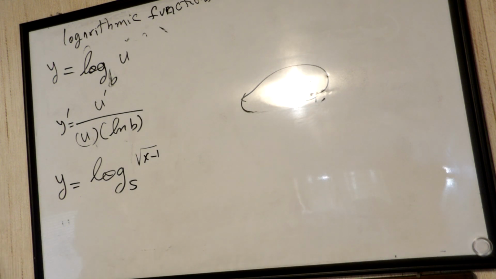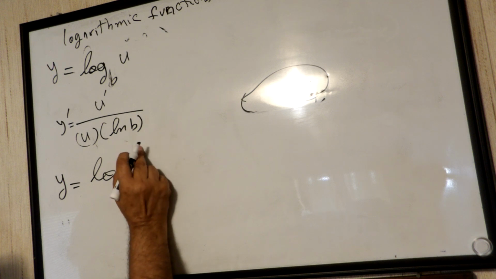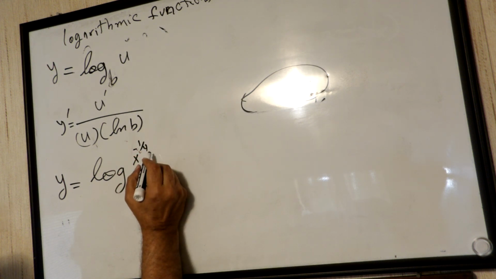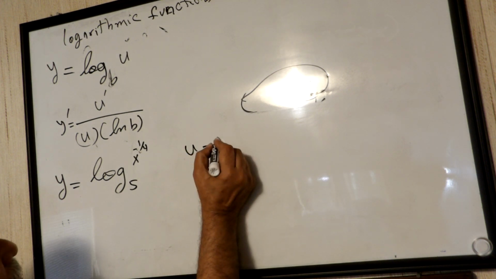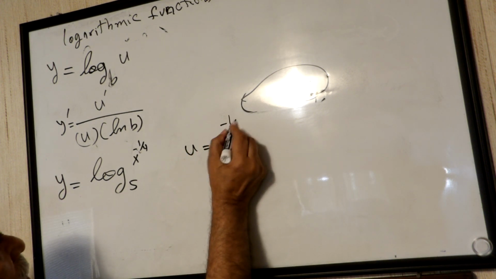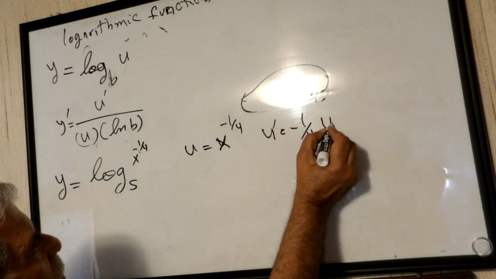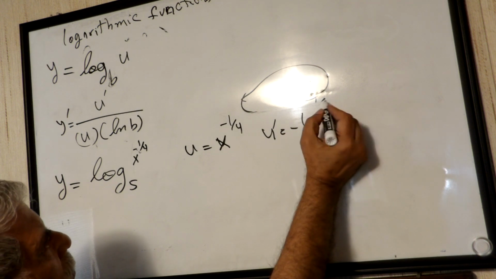So if this is the fourth root of x, like this one, u is equal to x to the power of 1 over 4. u prime is going to be 1 over 4 times x to the power of 1 over 4 minus 1.